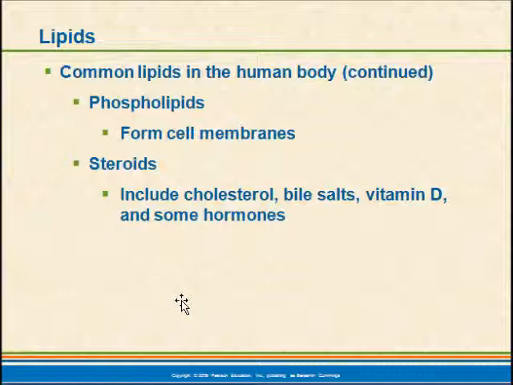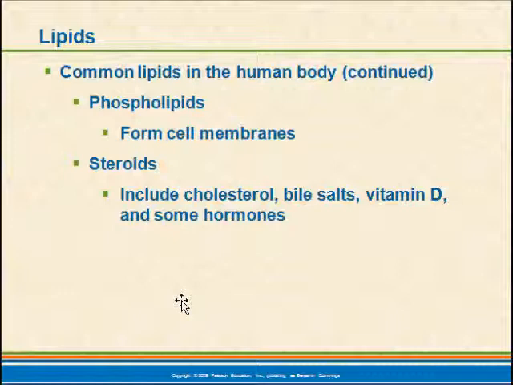Now, lipids hate water, so they don't mix, but phosphorus likes water, and as a result, it is what we call amphipathic. That is, it's got one side that likes water, one side that doesn't. Phospholipids make up a big portion of the cell membrane, actually about 60%, and I'll tell you a little bit more about phospholipids in a few minutes.